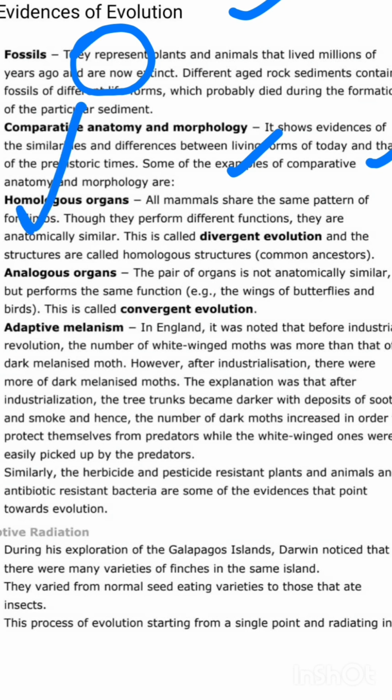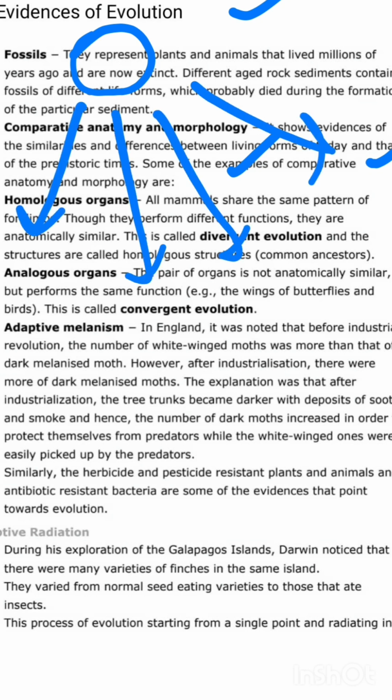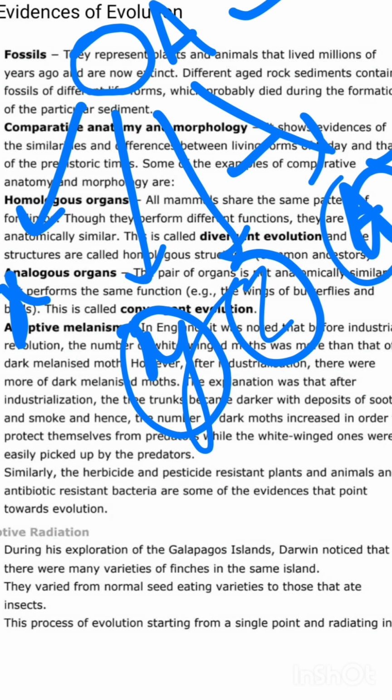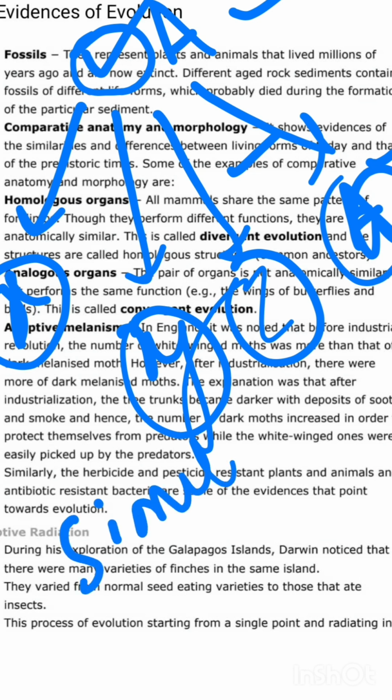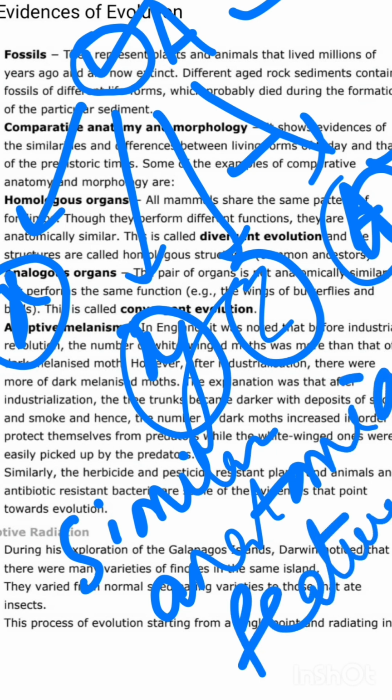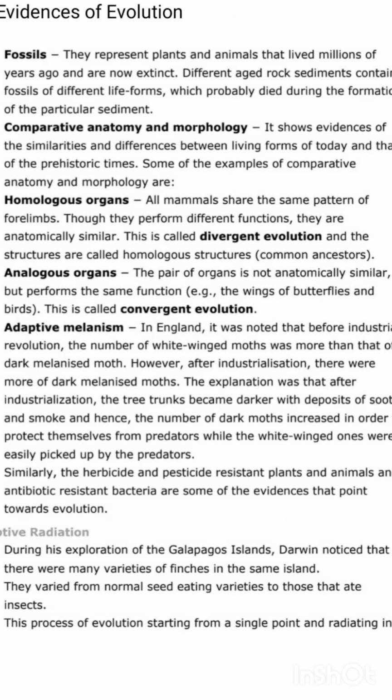They have developed from a common ancestor, so they have similar anatomical features, but they perform different functions, and that is called divergent evolution. And the structures are called homologous structures.